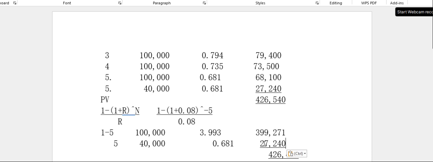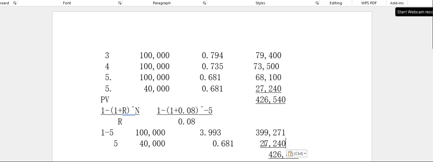Now, variable lease payment can come into play. How? Maybe there is a clause that says that if Ganusi Limited makes 1 million naira profit, 10% of that profit will go to Afar PSC in year 4. It means we are going to have a variable lease payment.